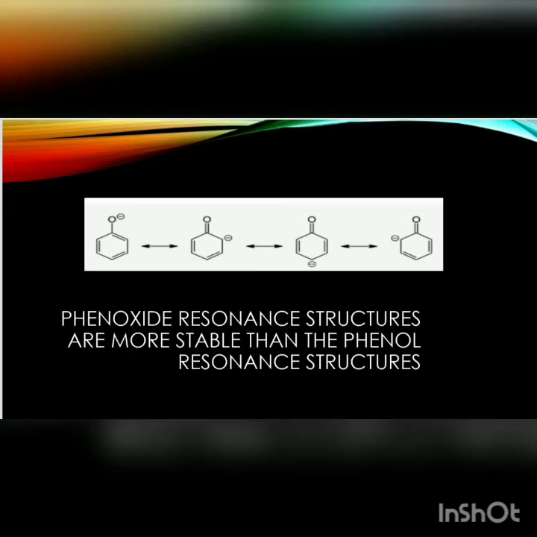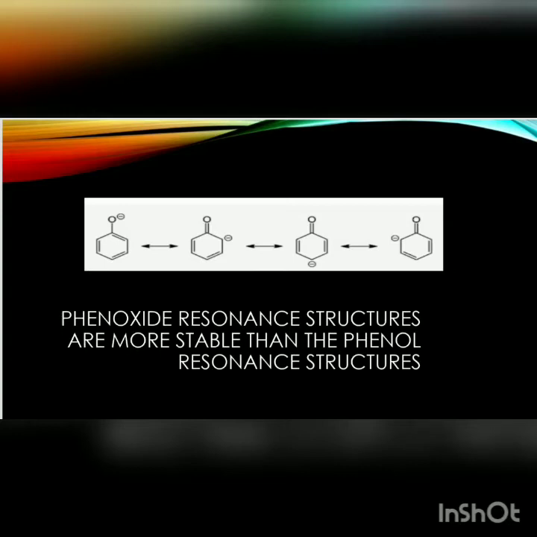In phenoxide, oxygen carries the negative charge, which suits an electronegative atom. That's why it is very stable. Phenol resonance structures are highly energetic and less stable, and phenoxide ion resonance structures are more stable and less energetic.